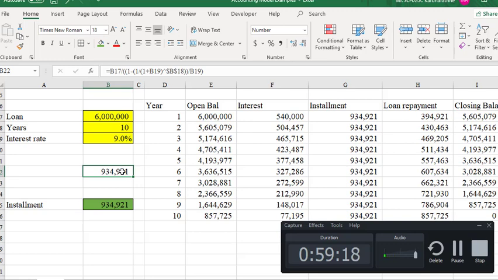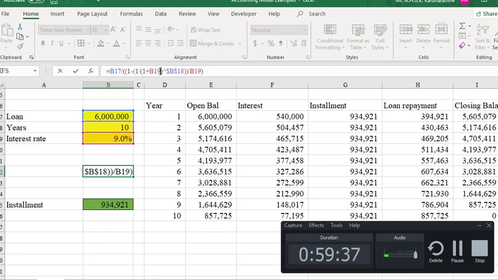By monthly installment. If you want to compute the monthly installment, each r that we applied here should be divided by 12 months. If you want, I can do it like this: divide this by 12.